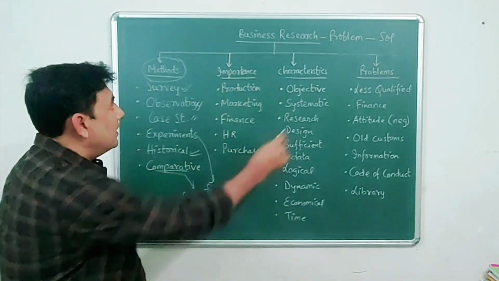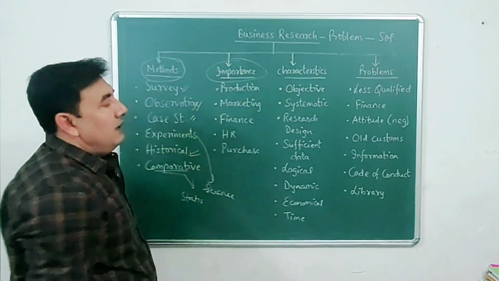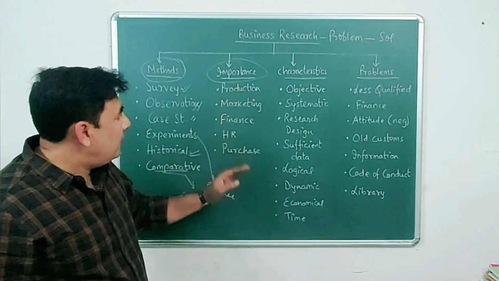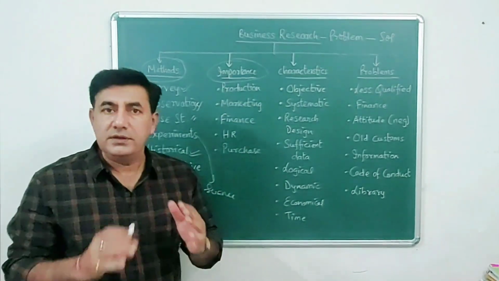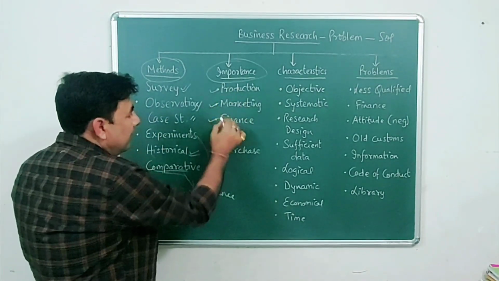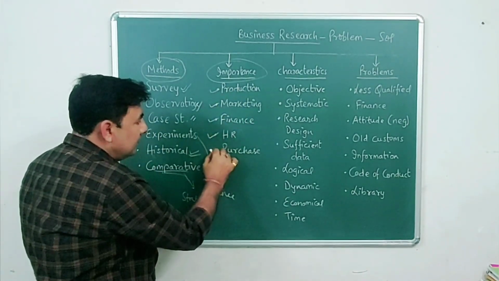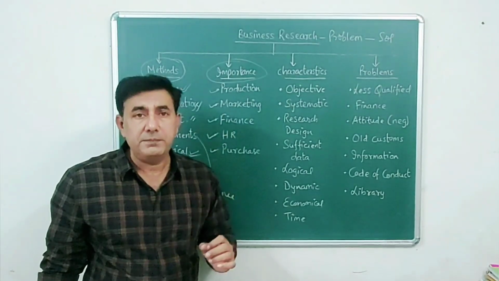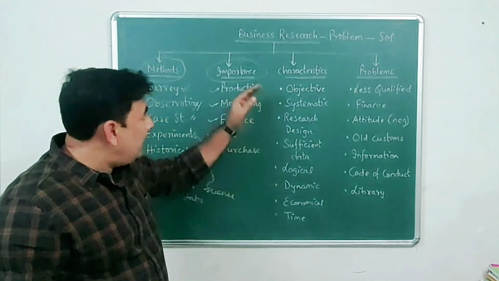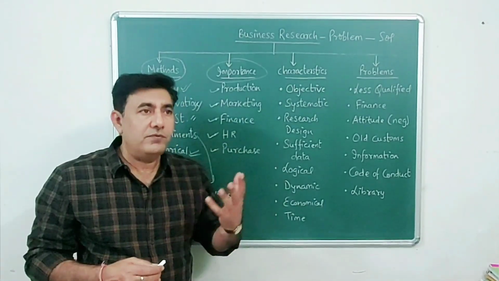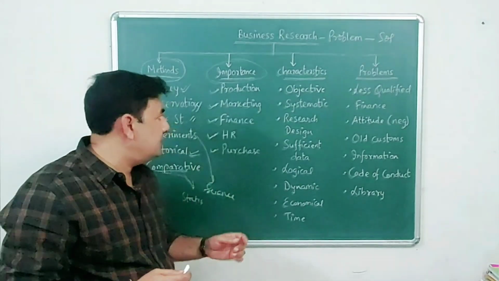The next is importance. Why should a business do research? There are different departments in an organization like production, marketing, finance, human resource, and purchase. These are the basic functional departments, and they do require research, because the production department always tries to find new methods of production.